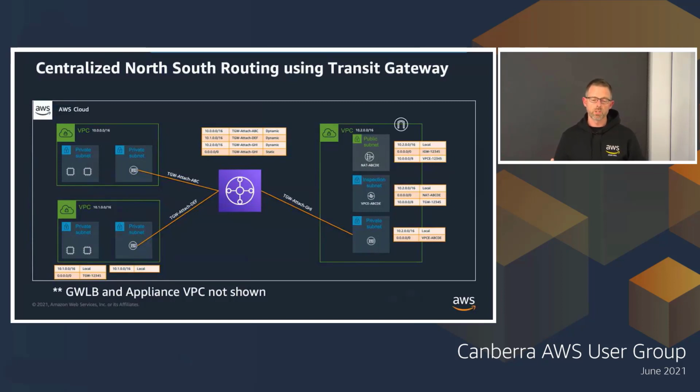The reason for this is our traffic is originating outside of the VPC, so there's no possibility of the NAT gateway translating the return packet and having it going directly to the source without being inspected. So I won't dive deep into the route tables here because they look very similar to what you saw before in the distributed version.